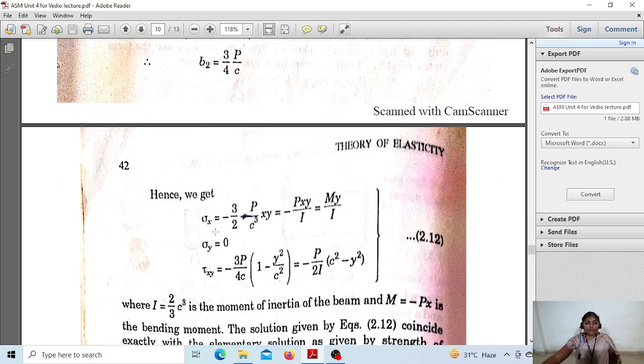Now if you substitute back, then sigma x is equal to minus 3 by 2 p by c cube x y, which is equal to minus pxy by I. P x into y is the moment, M y into I. But here we have taken the term 2 by 3 into c cube, that is represented as I. Anyhow, I is equal to 2 by 3 c cube, the moment of inertia of the beam.